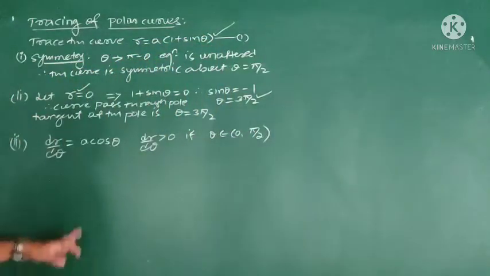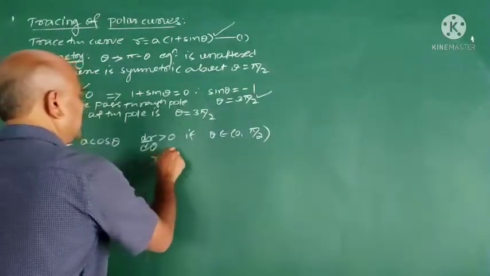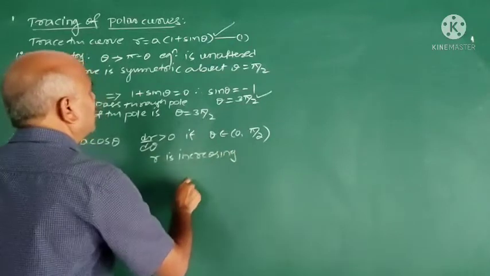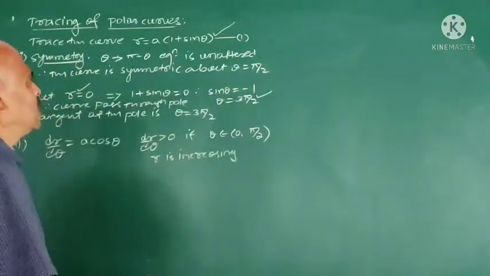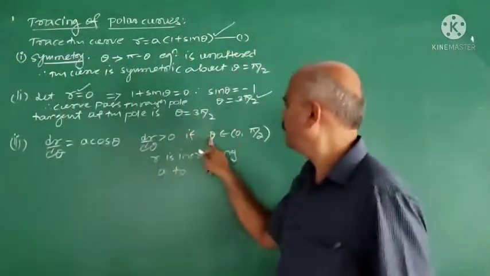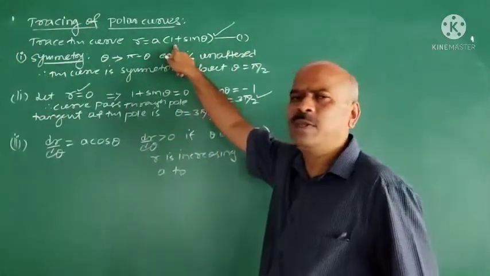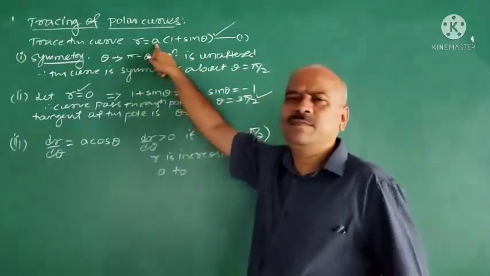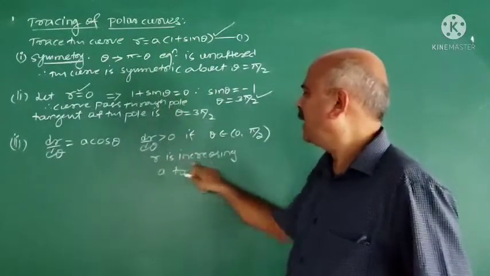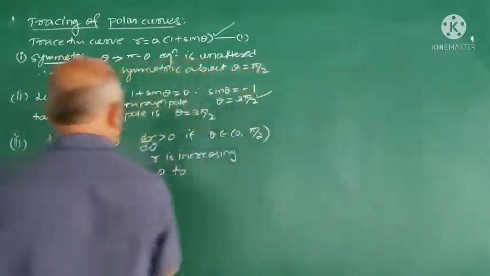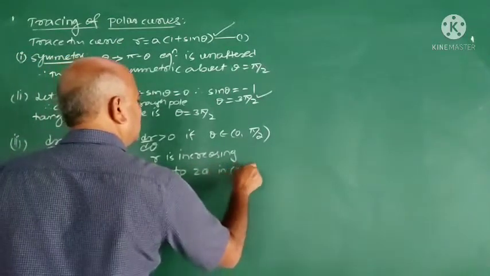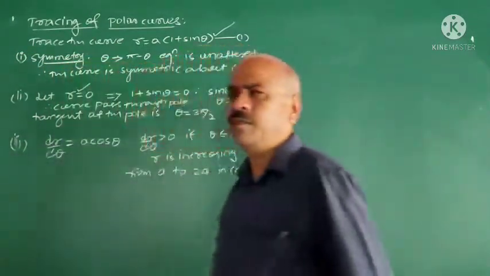That means r is increasing from a. When theta is 0, sin 0 is 0, so r is a. R is increasing from a to 2a in 0 to pi by 2.